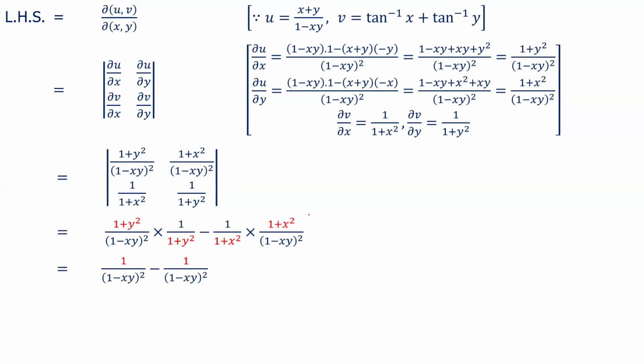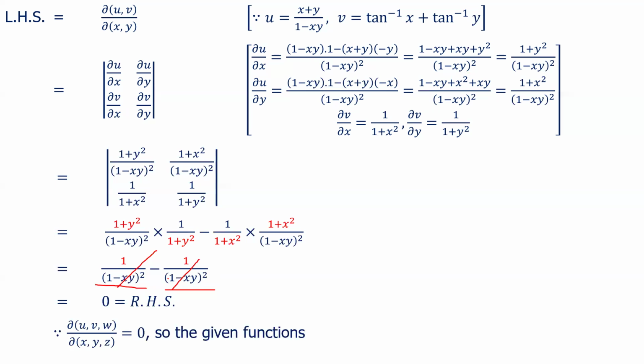We have the remaining term 1 upon (1 minus xy) whole square minus 1 upon (1 minus xy) whole square. Both are similar, so the answer is 0. And this is nothing but the right hand side which we wanted to prove. Since the Jacobian of u, v with respect to x, y is 0, the given functions are functionally dependent.